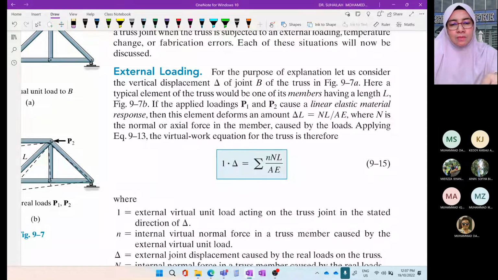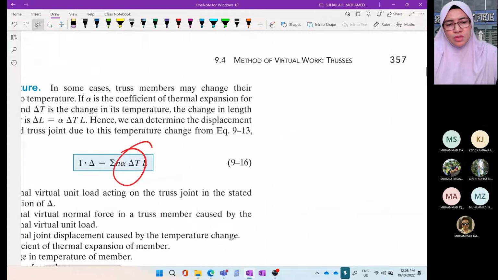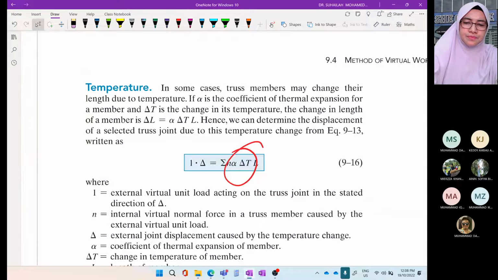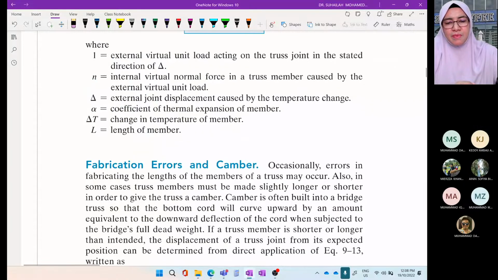So macam ni, formula for truss, this is due to external loading. External loading, this is the formula. Ada tak masa you belajar dulu, you consider juga yang ni, temperature? Satu lagi yang ni, fabrication error.